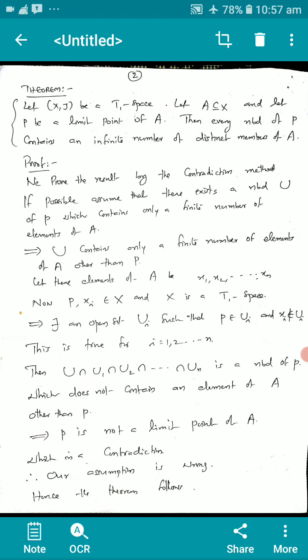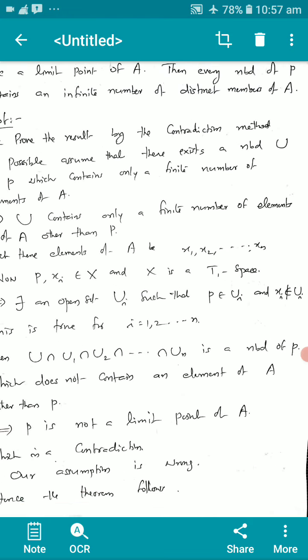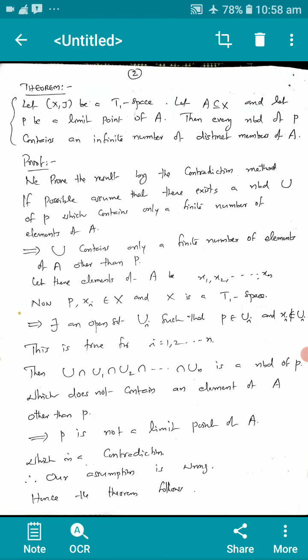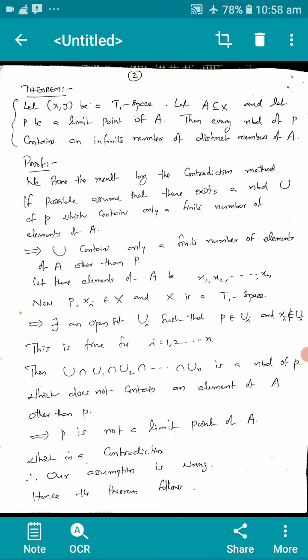So U intersection U1 intersection U2 intersection, etc., intersection Un is a neighborhood of P which does not contain an element of A other than P. That means P is not a limit point of A, which is a contradiction to our assumption. So our assumption is wrong, hence the theorem follows.